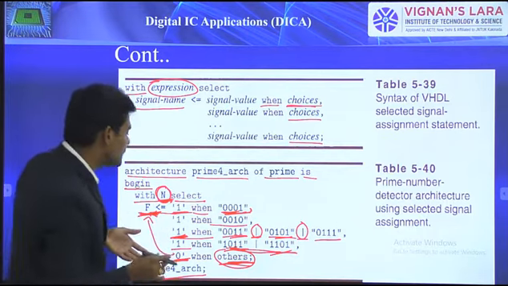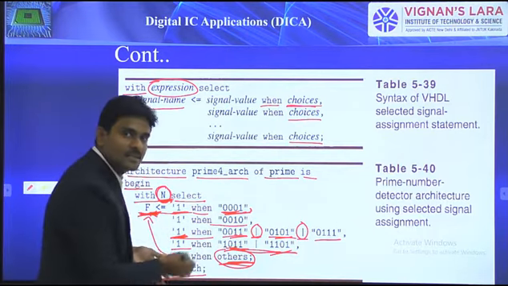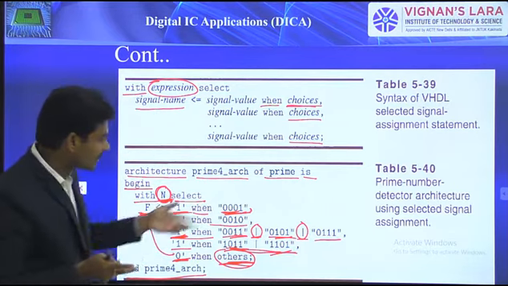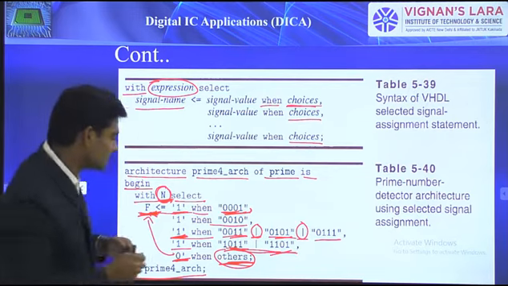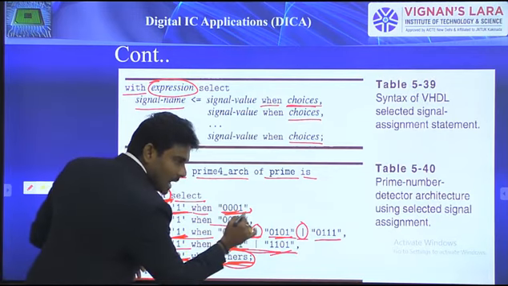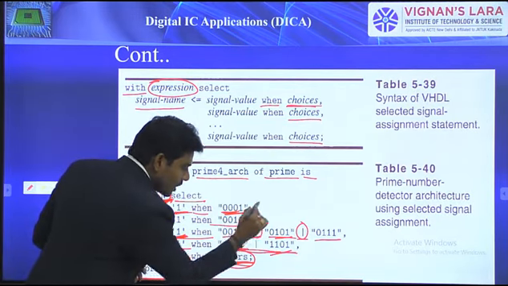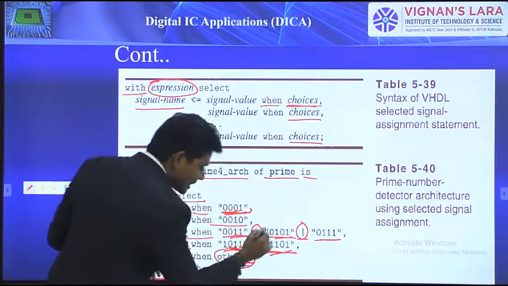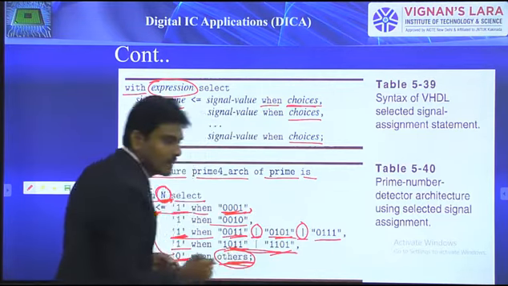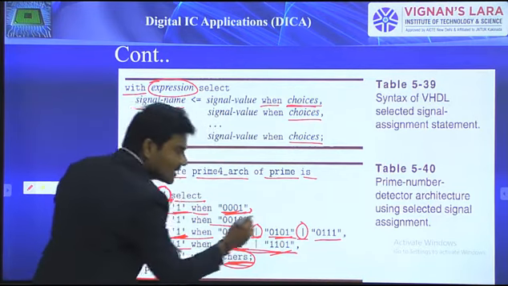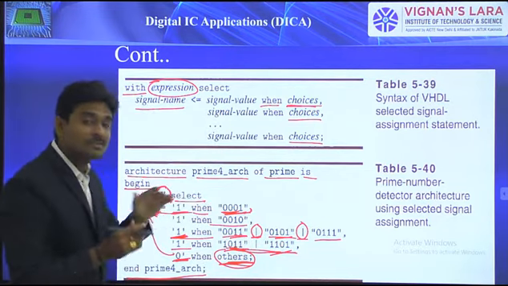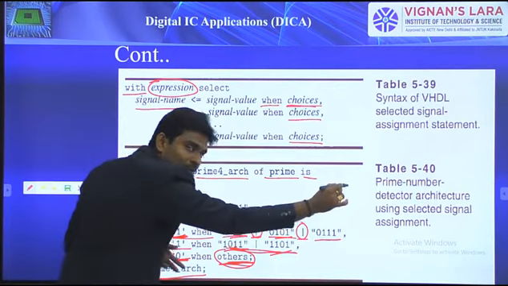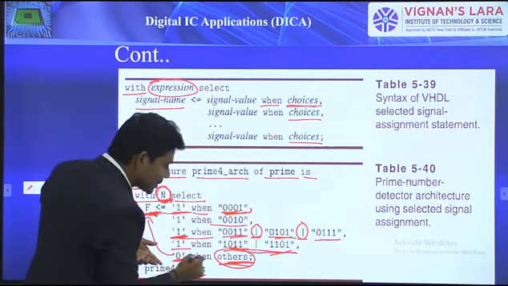One more point is that instead of writing this many statements, we can complete it with just 2 statements. That is, writing 1 or 2 or 3 or 5 or 7 or 11 or 13, all these choices in a single statement separated with vertical bars, and next to that 0 when others.